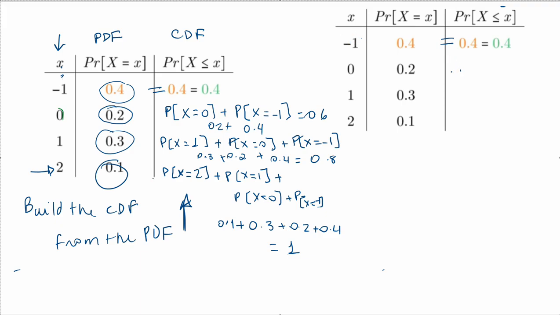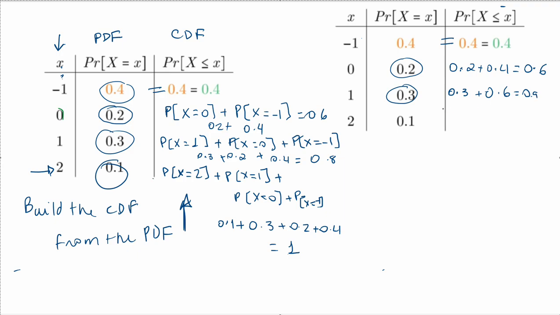Then the second row, you take the number and sum to the previous one. This is 0.6, right? The other row, you take the number and you sum the other two, which is already 0.6, right? Because you did that before.